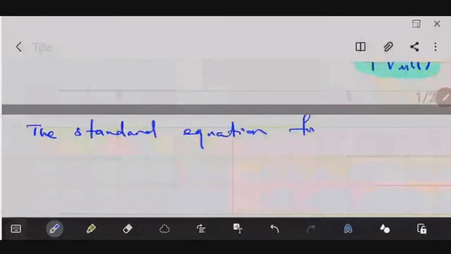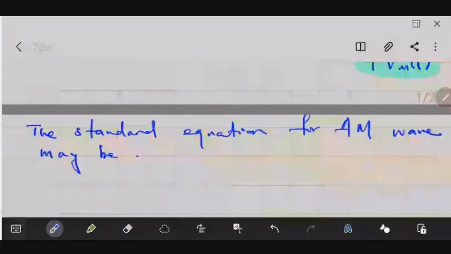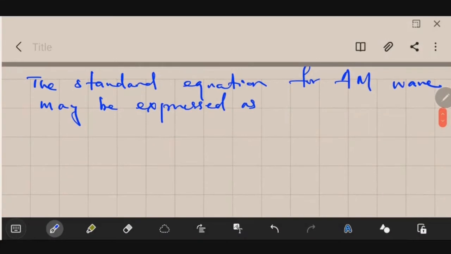So the standard equation for your amplitude modulated, AM in short, wave may be expressed as, denoted by S of t, that is the modulated signal, which is equal to your Vm of t multiplied with cos omega ct.